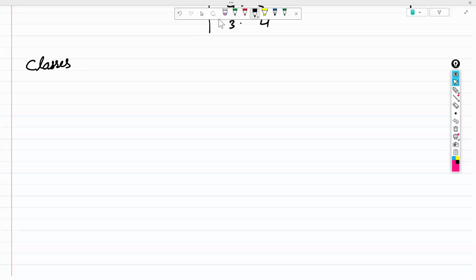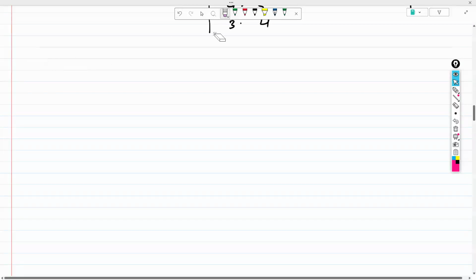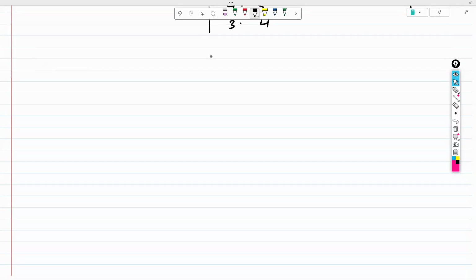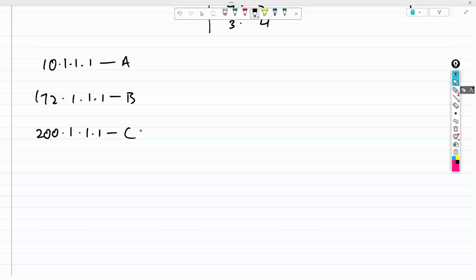Before I jump there, when I write an IP address as a human being, for example 10.1.1.1, or 172.1.1.1, or 200.1.1.1, I can easily understand that this is class A, this is class B, and this is class C, right?